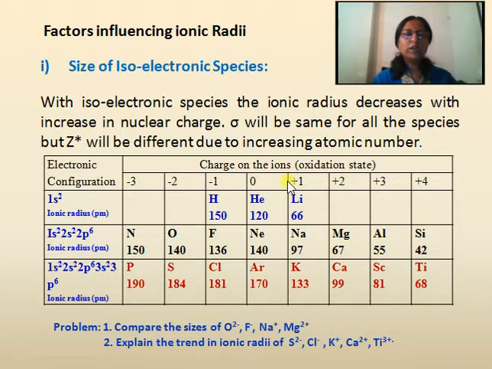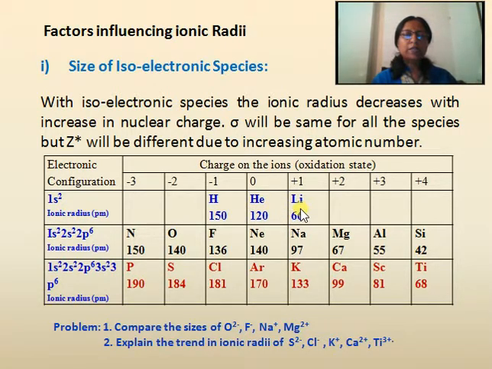So what is happening here? The atomic number is increasing from hydrogen to helium to lithium. The Z star value is basically increasing, because the number of electrons is the same, so sigma will be the same for all these species, but Z star will be different. Z star is actually increasing.